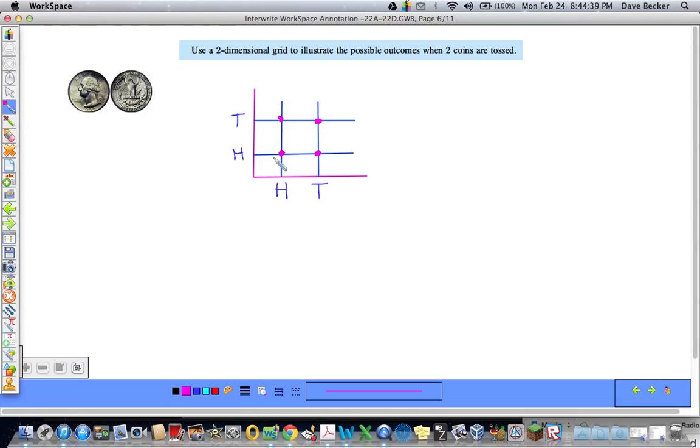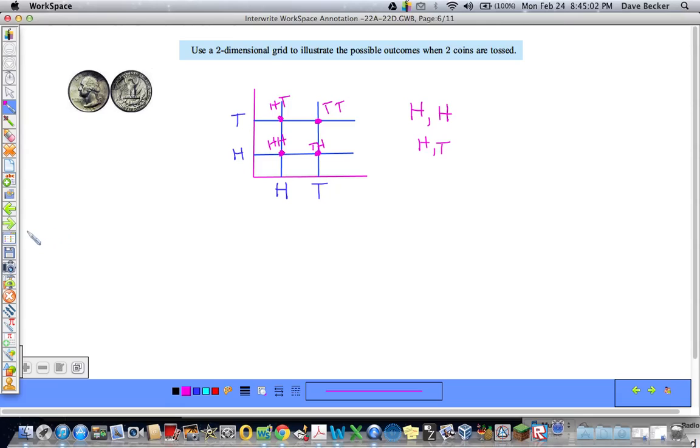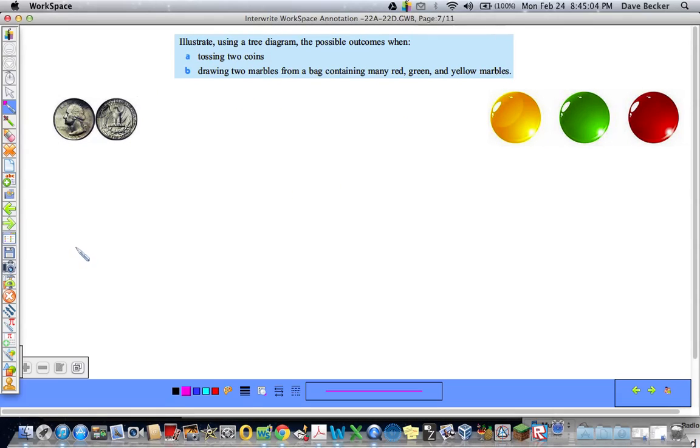This intersection represents heads followed by heads. We could toss heads followed by tails, then tails followed by heads, and then tails followed by tails. The intersection points give you the number of possible outcomes, and you can easily fill them in.